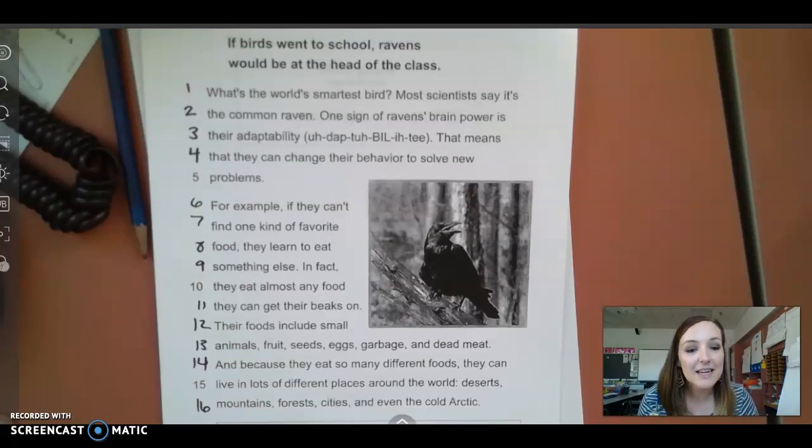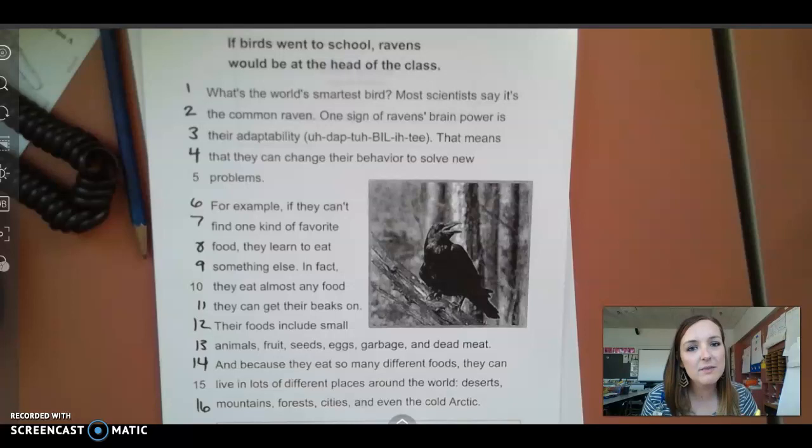In fact, they eat almost any food they can get their beaks on. Their foods include small animals, fruit, seeds, eggs, garbage, and dead meat. And because they eat so many different foods, they can live in lots of different places around the world. Deserts, mountains, forests, cities, and even the cold Arctic.